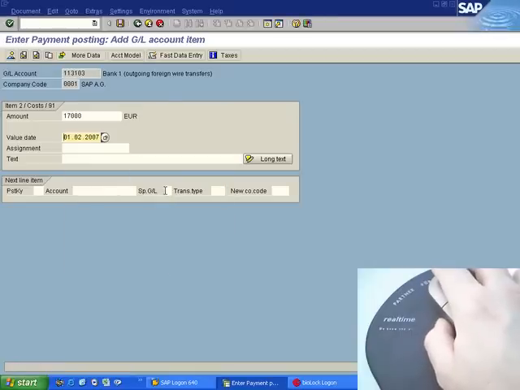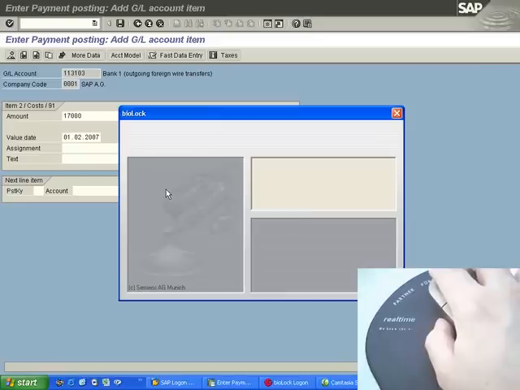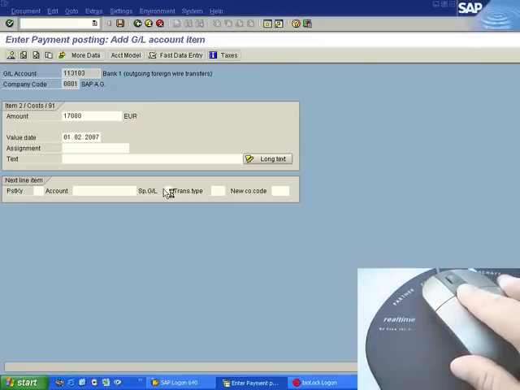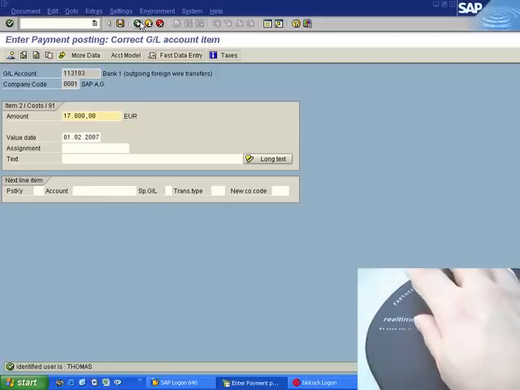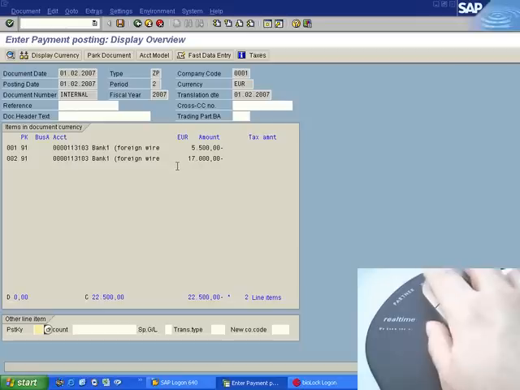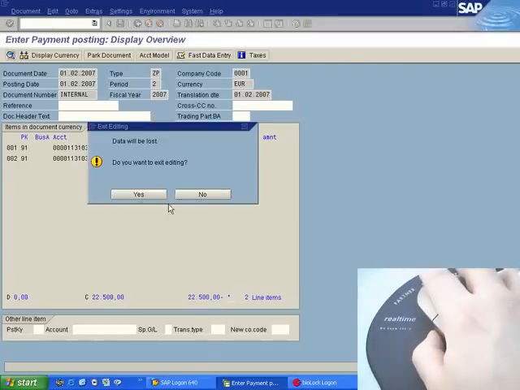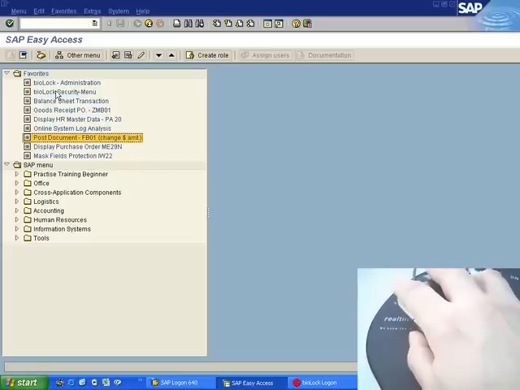We do this at the same date, and as soon as I hit enter, again, here's our window. I put my finger on the sensor, and just after the verification with biometrics, these monies are posted to the account. So we have set a threshold here of 10,000 euro, and if the amount is over that predefined threshold, biometrics is required in order to do the wire transfer.